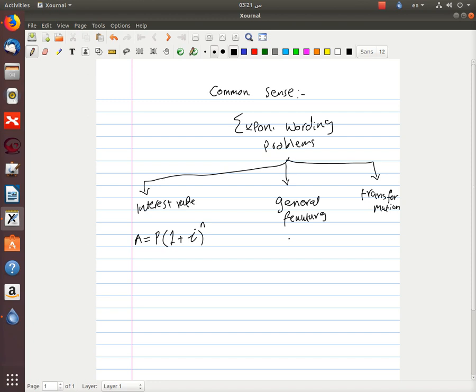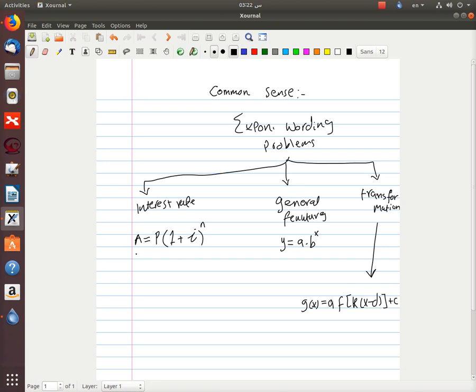For the general features, you're going to have y as output, a b to the power x, and for the transformed function, g(x) equals a f(k(x minus d)) plus c. This is the transformation.